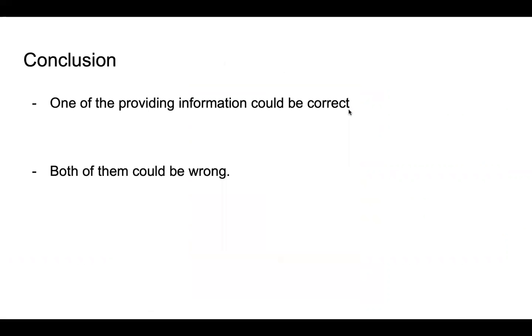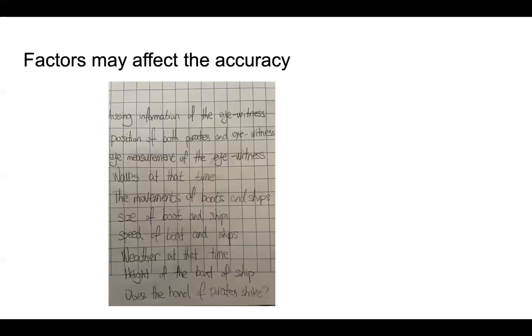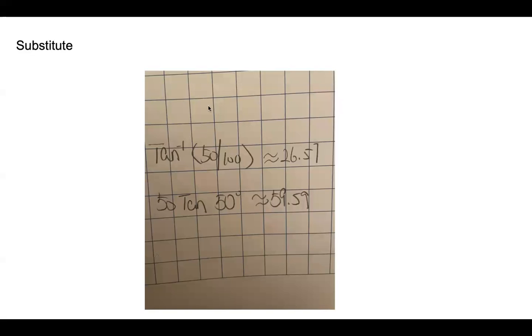So conclusion, none of the provided information could be correct. But this shows that if one of her values is correct, the other one must be incorrect. But as I said, her given value is not stable and valid enough.